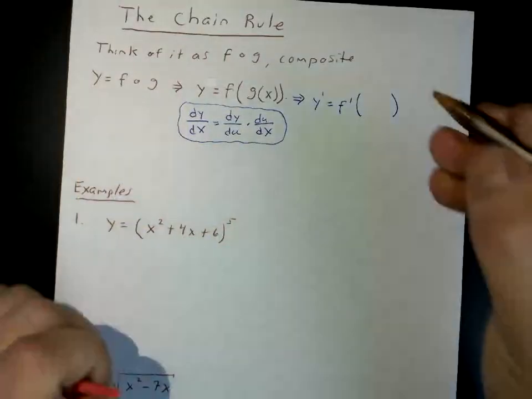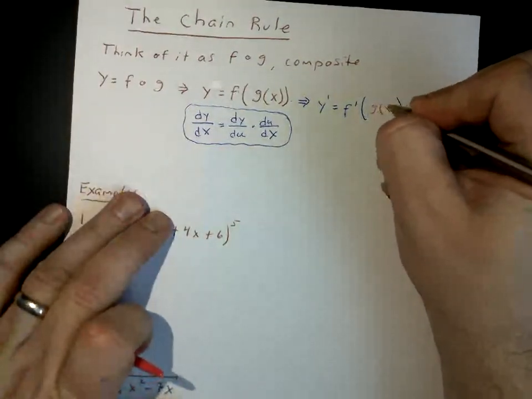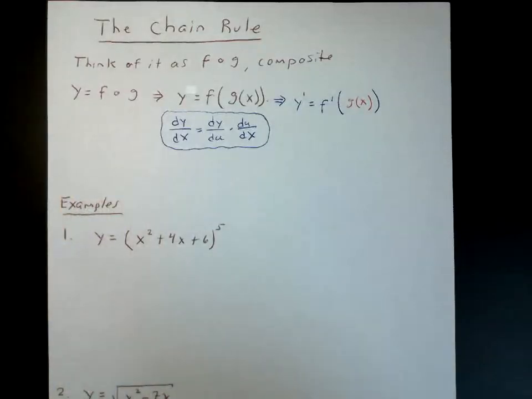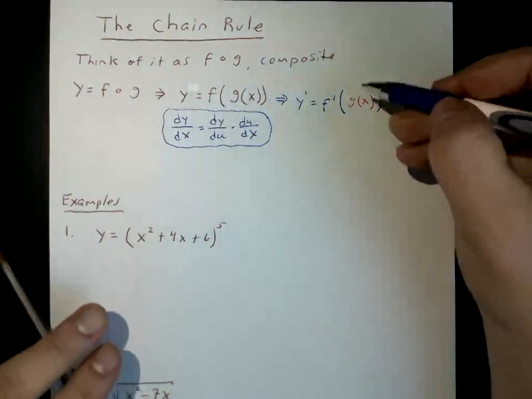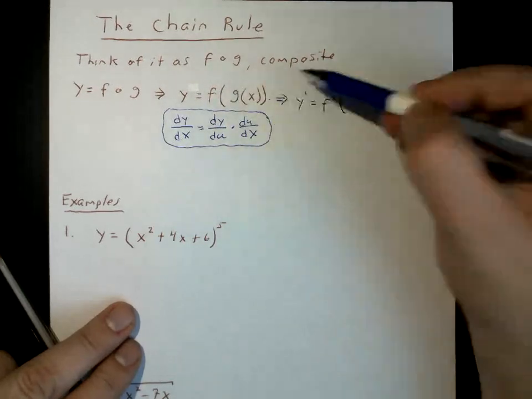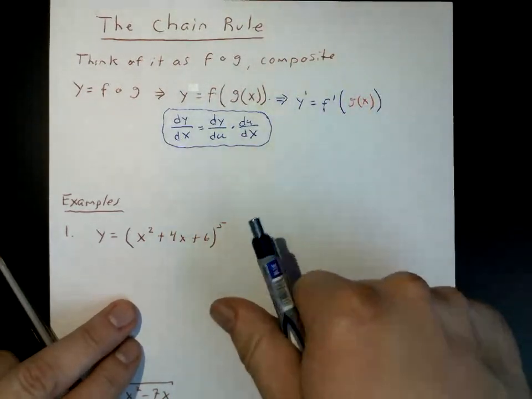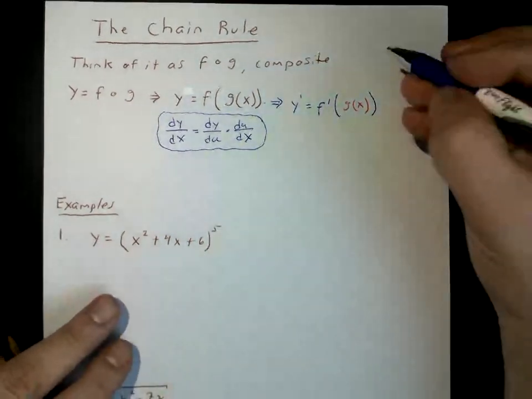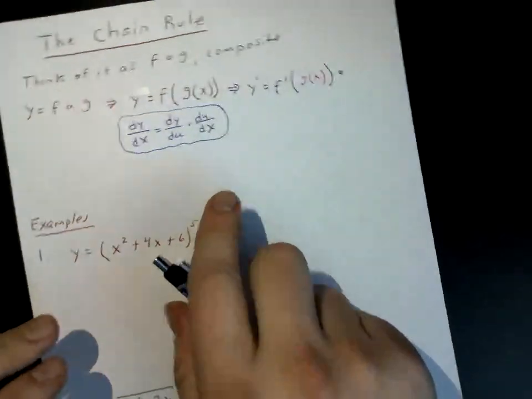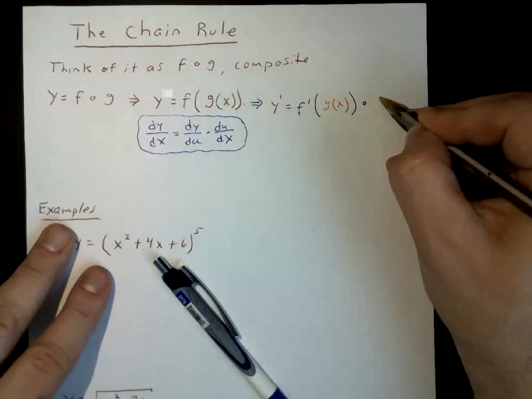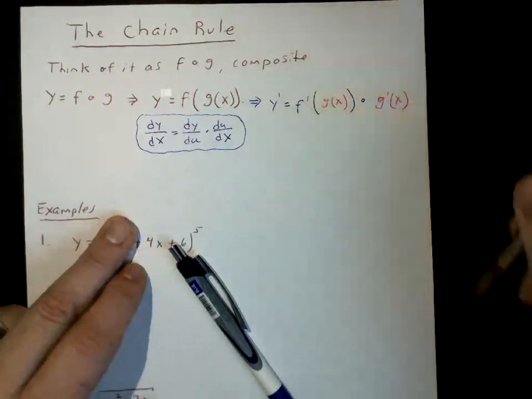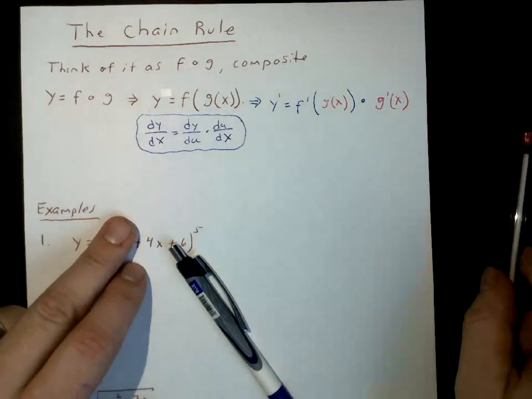You keep that part there because that's the inside of the function. Then remember, you're always going to go times the derivative of the inside function, which is going to be g prime of x. And so your function turns into this.